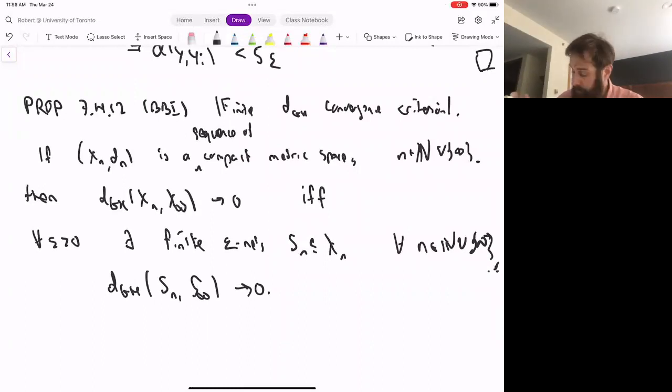And moreover, these can all be chosen to have the same number of elements, at least if n is large.